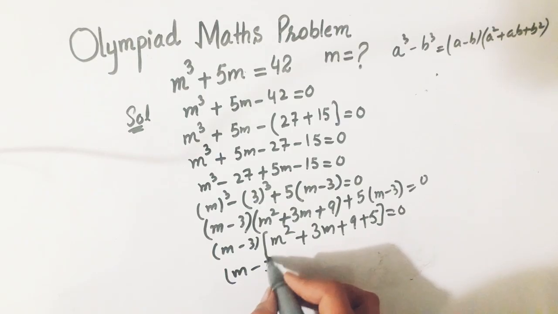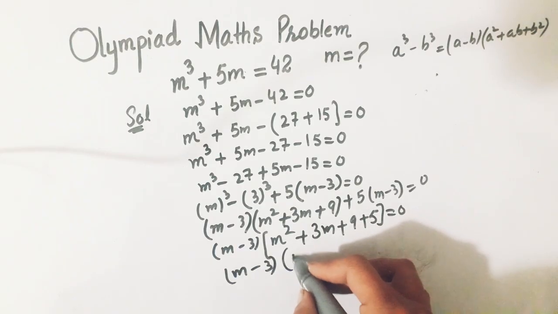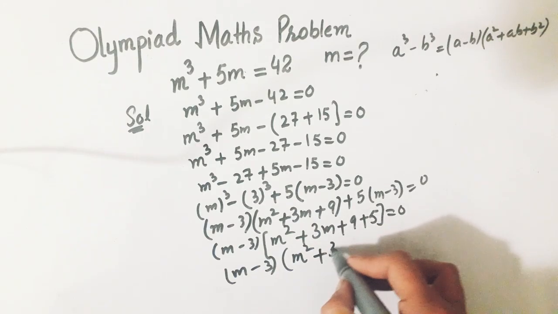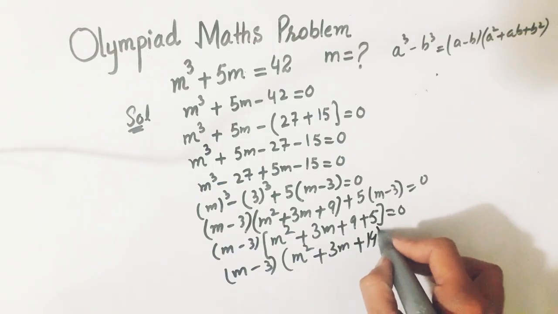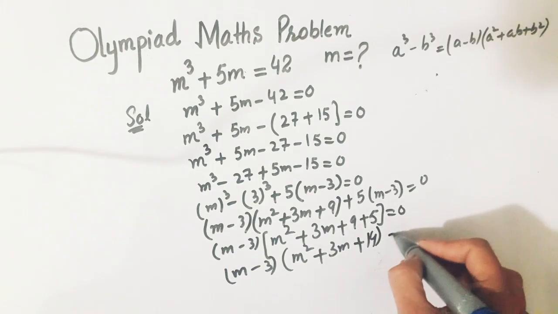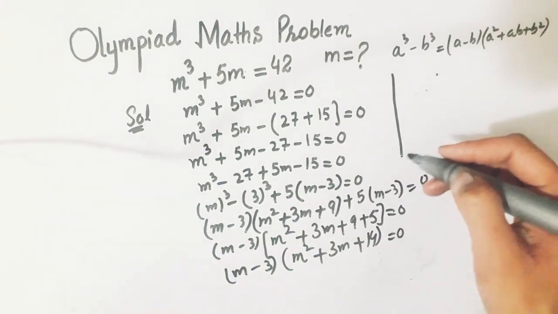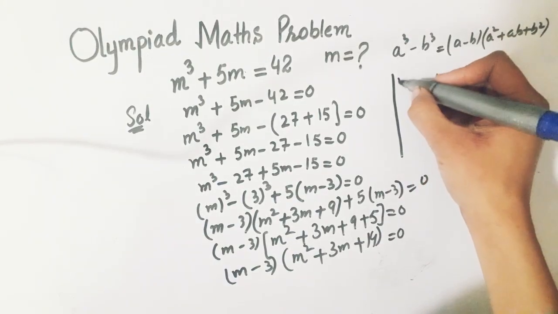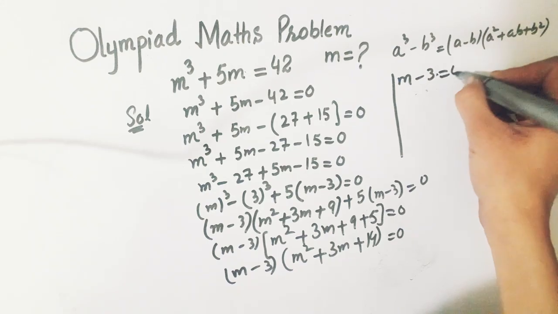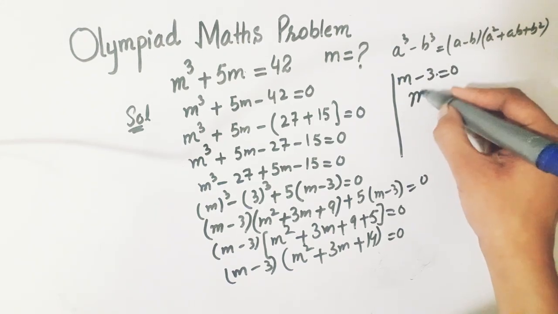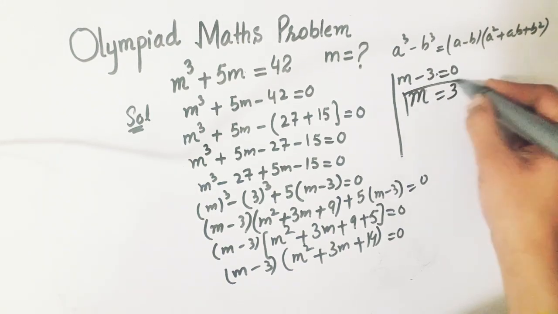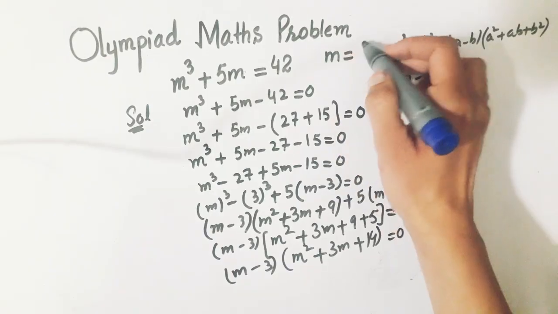So m minus 3 times m square plus 3m plus 14 equals 0. So there are two possibilities. First one is m minus 3 equals 0, which implies m equals 3. This is the first value.